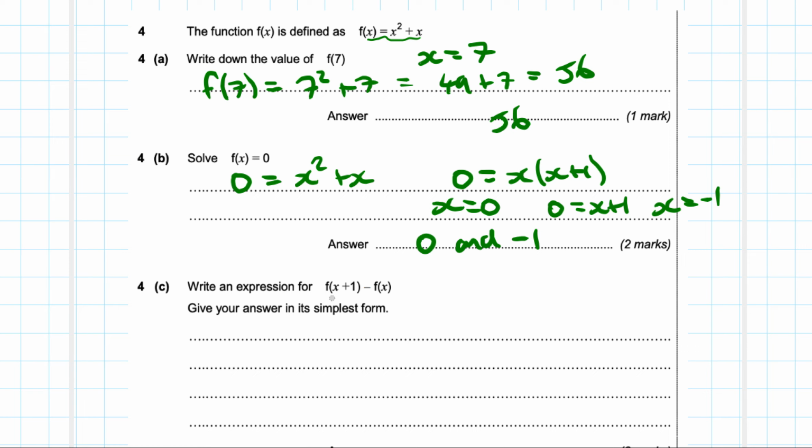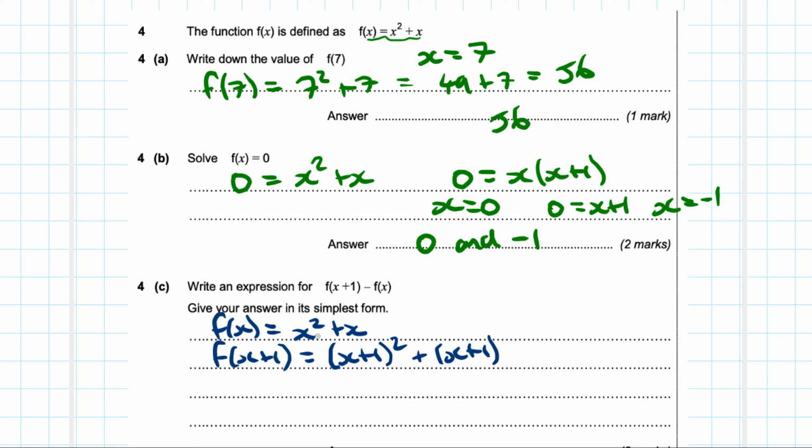Part C, write an expression for f(x plus 1) minus f(x). So here we want to look at, first of all, let's just write in our f(x). So f(x) is equal to x squared plus x. In our next step, we've replaced our x with x plus 1. So here our x squared goes to (x plus 1) all squared, plus in brackets (x plus 1).